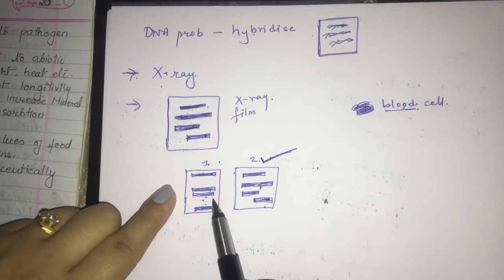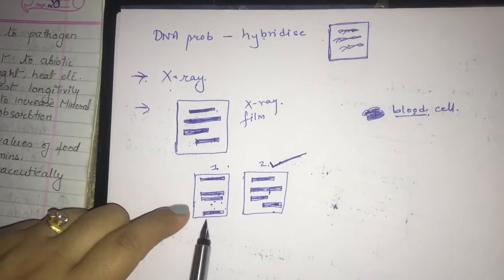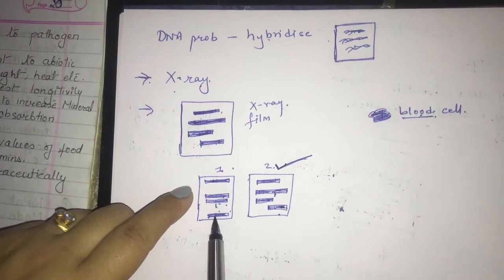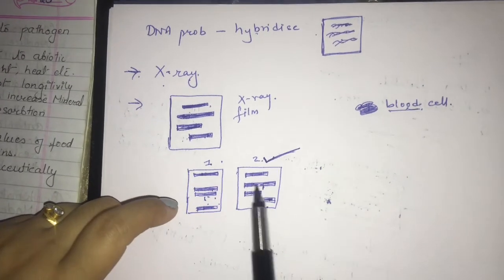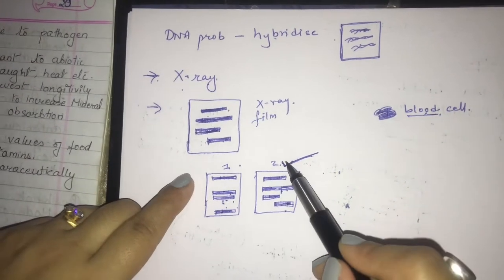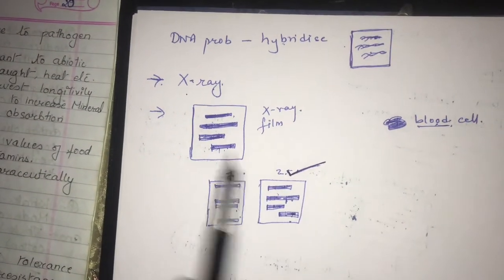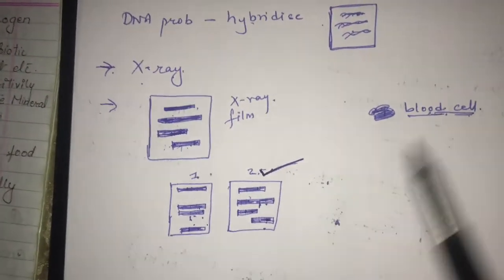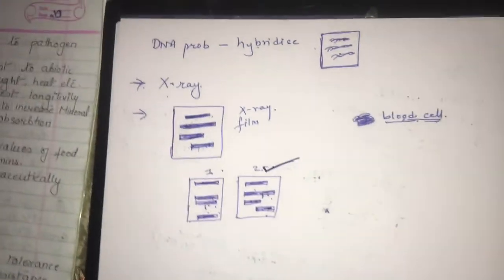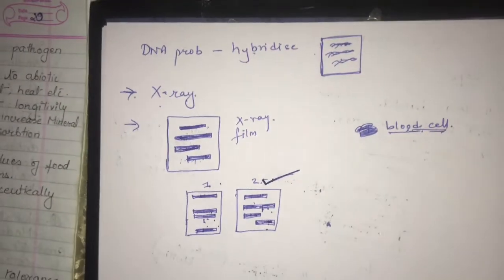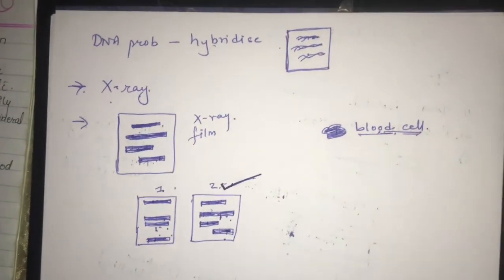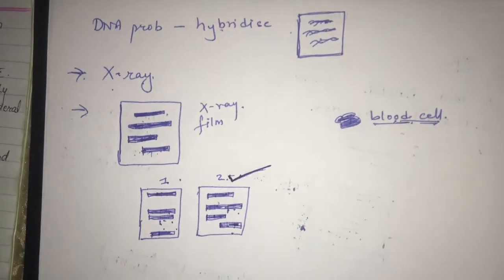Then if the first person's DNA fragment is showing a position like this and the second person is showing a position like this, then suspect 2 will be the criminal, because it is matching the sample that we collected from the crime site. So, this is how DNA fingerprinting is applied.